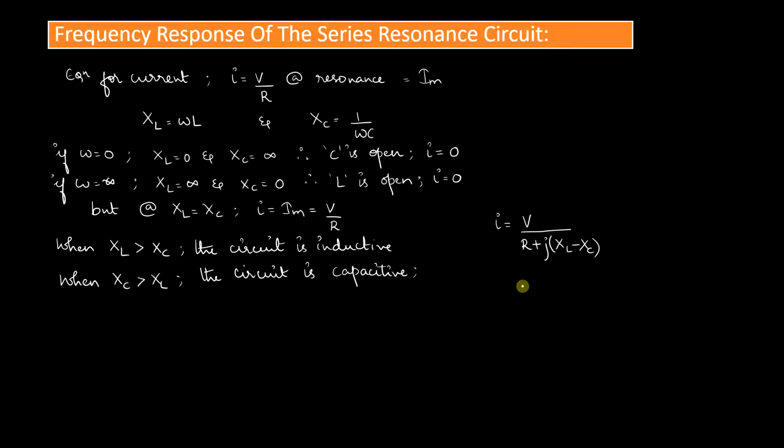XC is given by 1 by 2 pi fC, and XL is given by 2 pi f into L. The capacitive reactance is inversely proportional to the frequency.